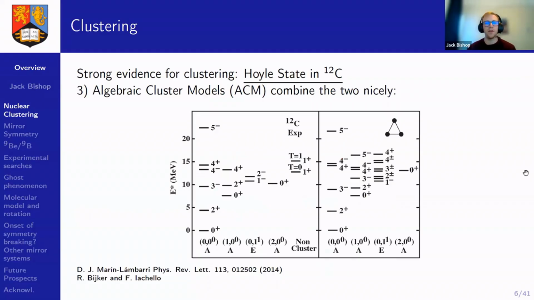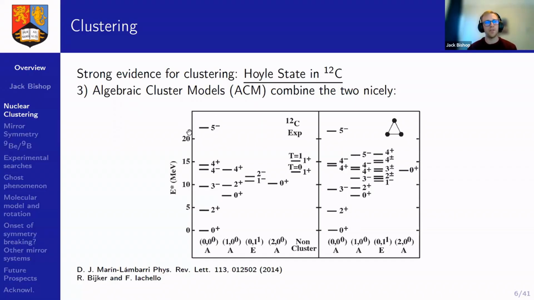You can think about a quantum mechanical object that is a triangular arrangement of these alpha particles. We can add energy into the system and start spinning it about its different axes. What you get on the right-hand side is a prediction of a series of states if we have this triangular arrangement, and on the left-hand side are the experimental states that have been measured so far.